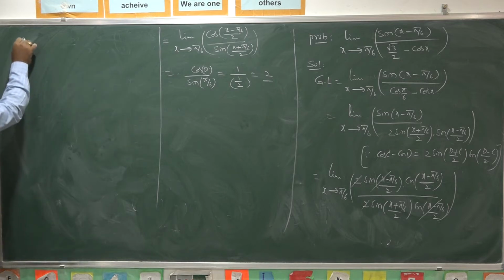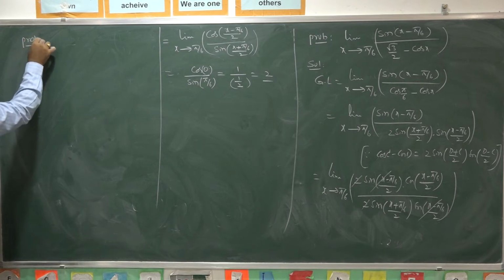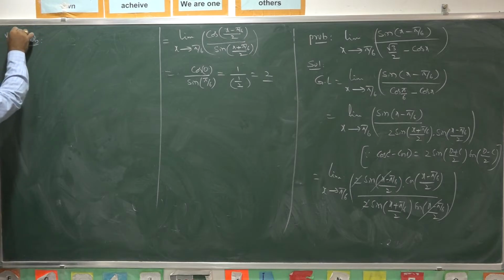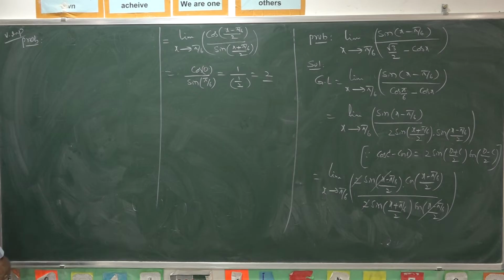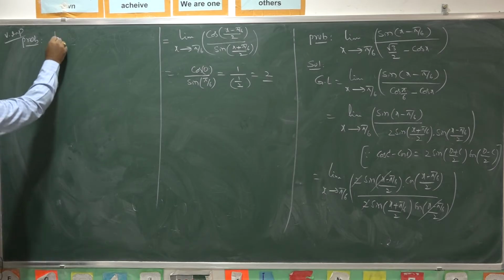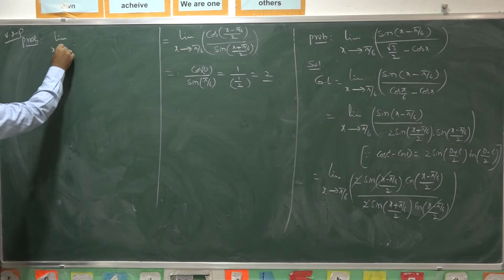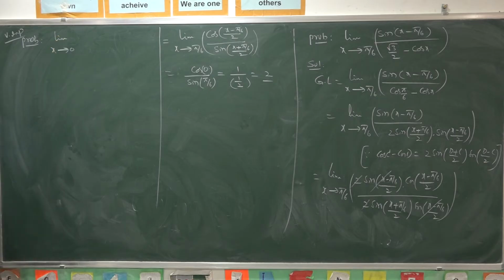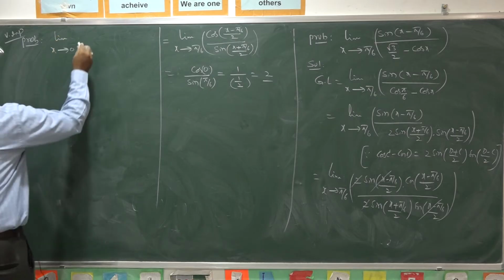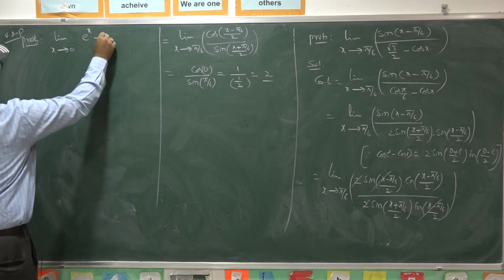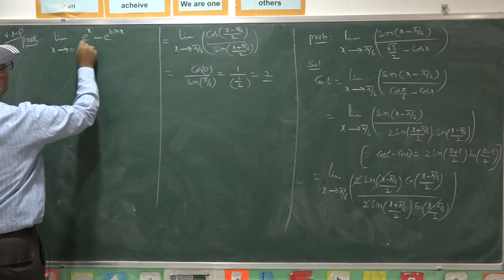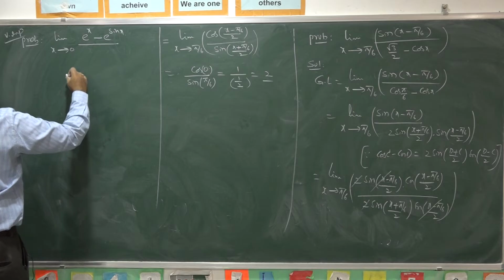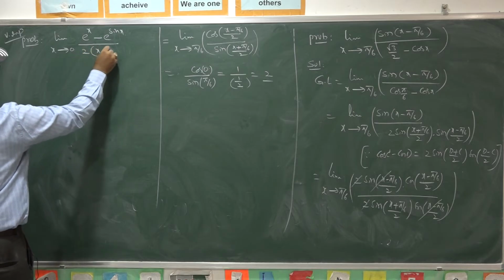This is one more important procedure, which is useful for objective examinations. Limit x goes to 0, e power x minus e power sin x by 2 into x minus sin x.